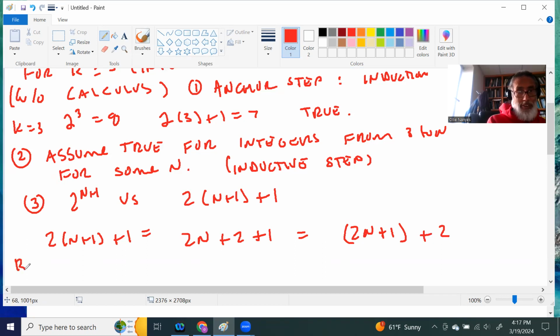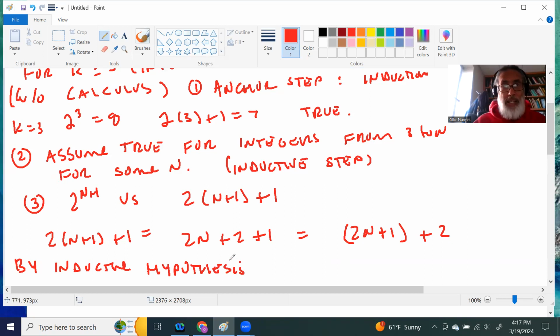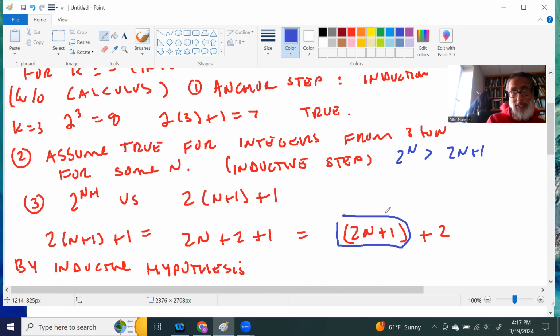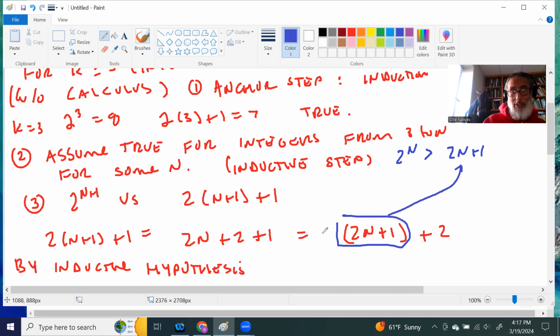And by the inductive hypothesis, that's this assumption here, and I actually should have written it down. This inductive hypothesis means for up to n that 2 to the n is greater than 2n plus 1. This is the 2n plus 1 that's in this inductive hypothesis here.